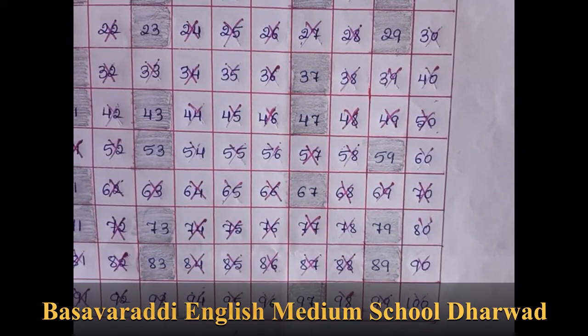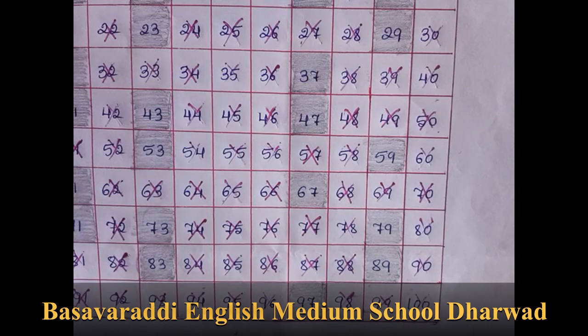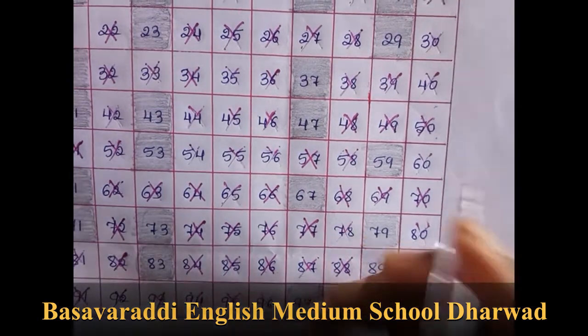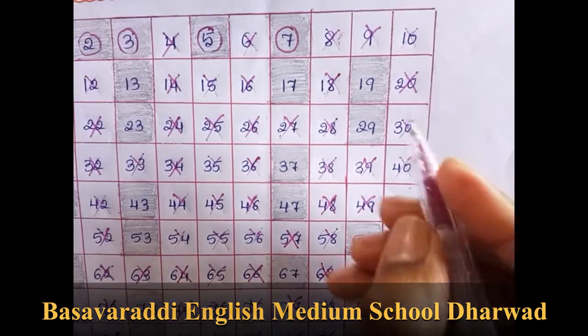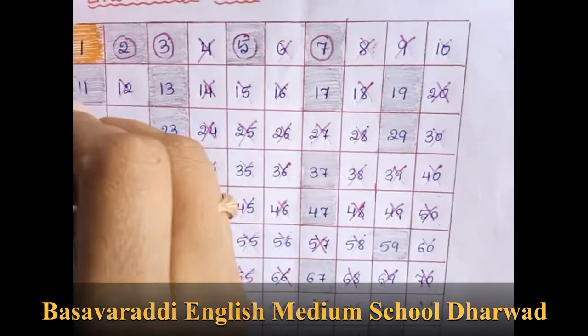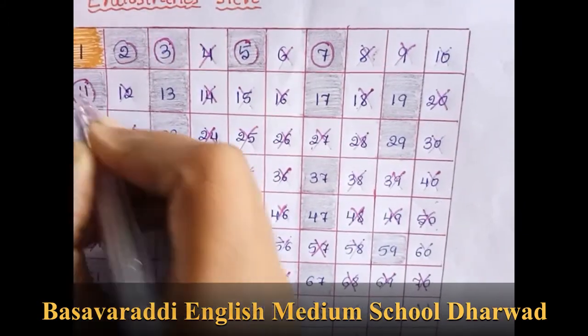Okay, the next step is to circle the numbers that are not crossed out. What are the numbers that are not crossed out? The 11 is not crossed out.